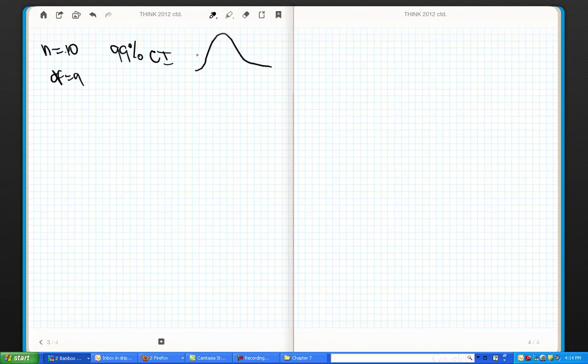Now, in this case, since I'm 99% confident, then what I'm going to have here is a 0.005 and a 0.005. So let's change colors again. When I start looking for this chi-squared to the left value, this is going to be 0.995. Okay? So let's do that real quick.